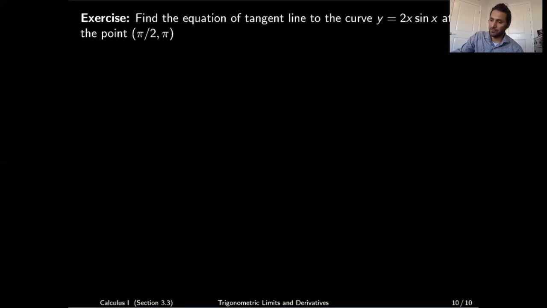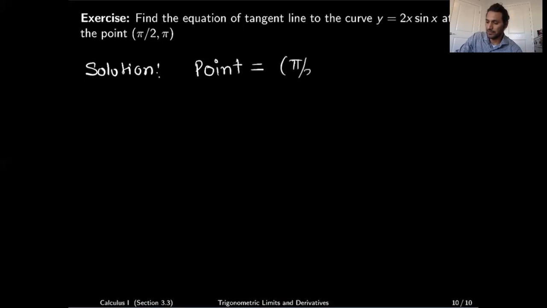The point is given. Solution: we have to find the equation of a line passing through this point, pi divided by 2 comma pi, on the graph of that function, y is equal to 2x sine x.